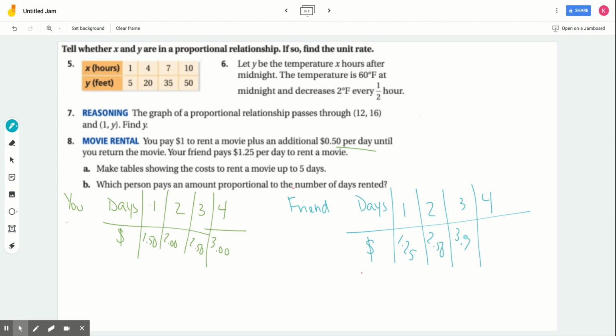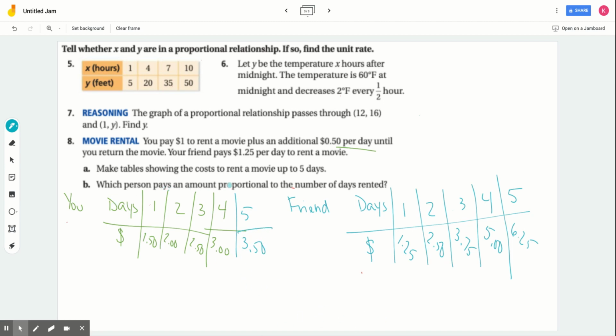And we're going to keep adding $1.25 each time. So now the question is, we made the tables showing what it would cost, and it actually says up to 5 days. So adding another $1.25 here and adding another 50 cents here. So we've made those two tables.